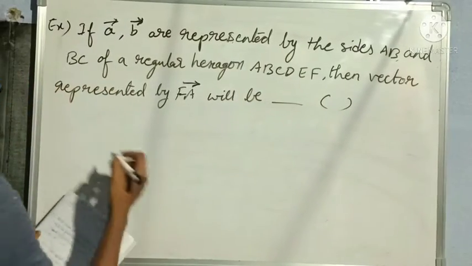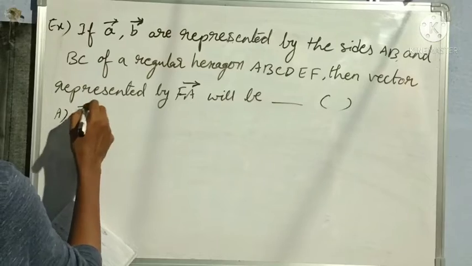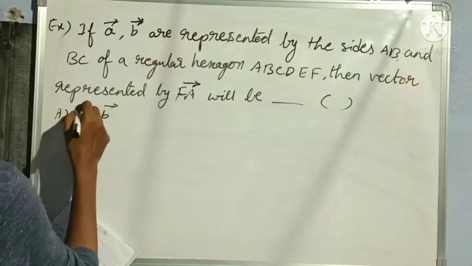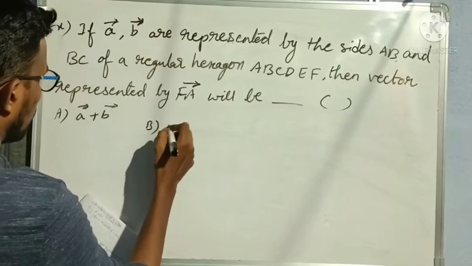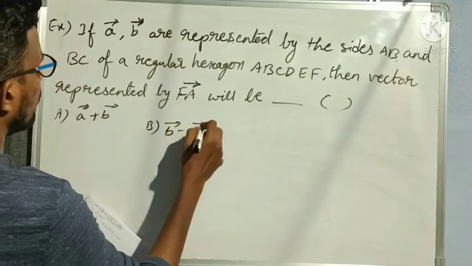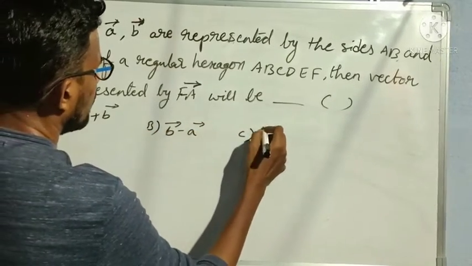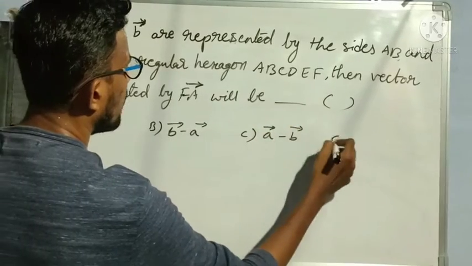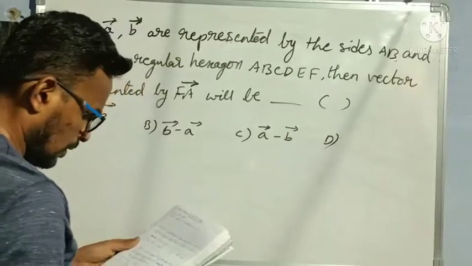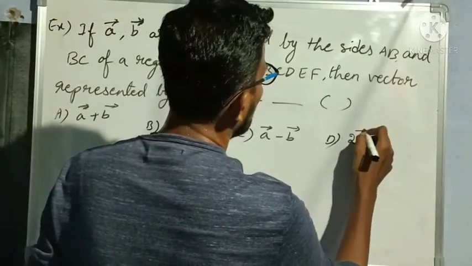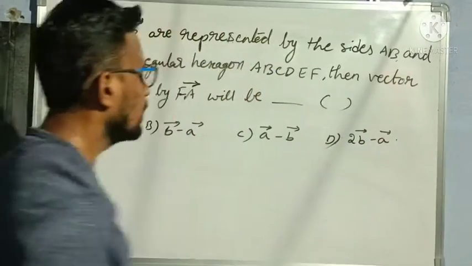Our options: option A, A bar plus B bar; option B, B bar minus A bar; option C, A bar minus B bar; and option D, 2B bar minus A bar.